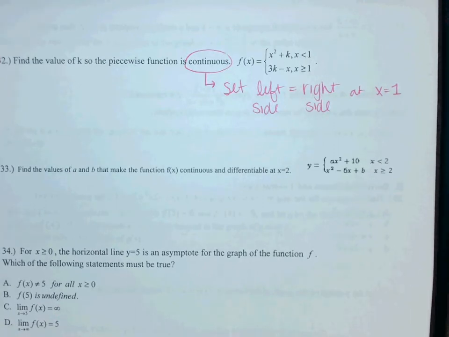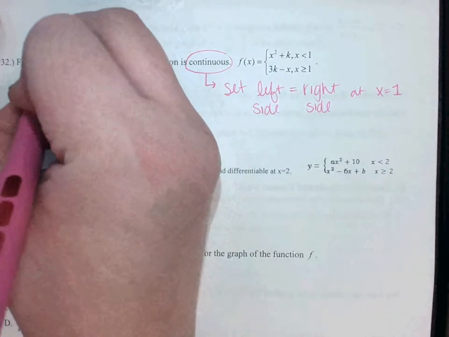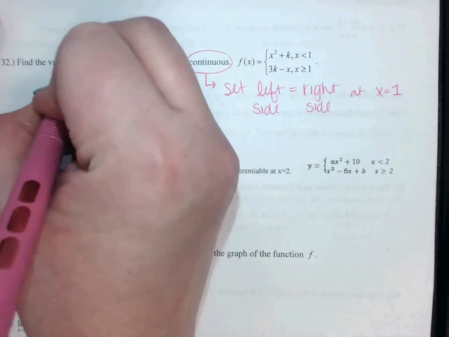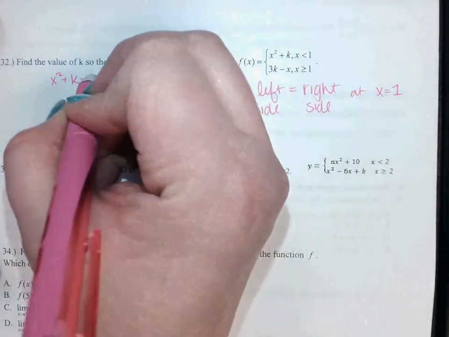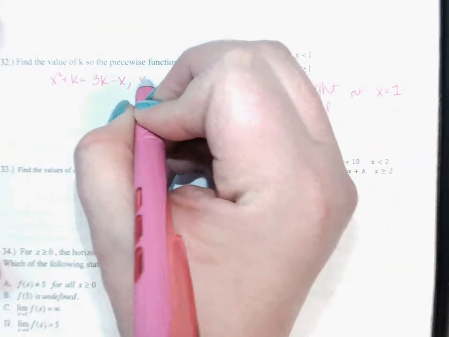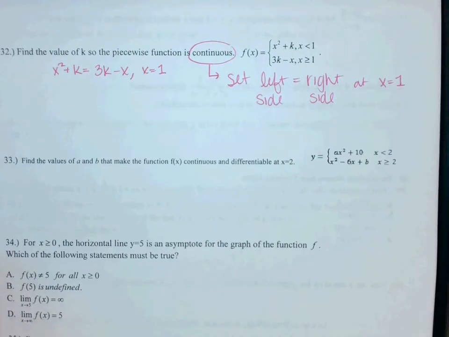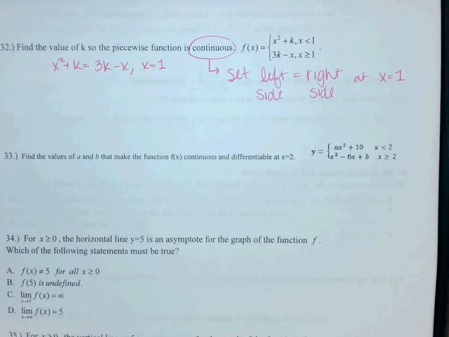The top portion of the piecewise represents the left limit. The bottom of the piecewise represents the right side limit. So all that I would do is let x squared plus k be equal to 3k minus x, and then plug in that x is 1. Now that one is a little bit easier than number 33, so we're going to do that one instead.